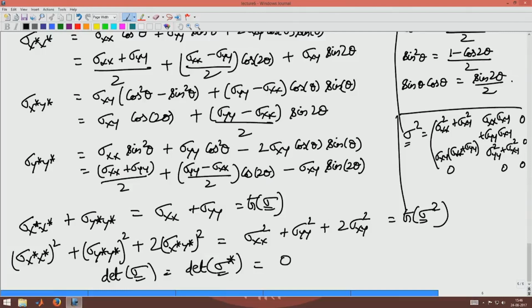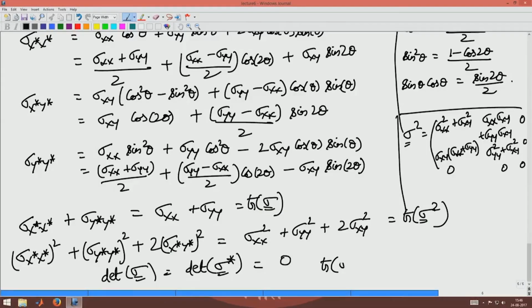Okay. So, what this means is there are certain quantities like trace of sigma square that do not change with the coordinate system. The components sigma xx or sigma x star will change with the coordinate system, but trace of sigma square and determinant of sigma do not depend on a coordinate system, and these are called the invariants of the stress tensor.